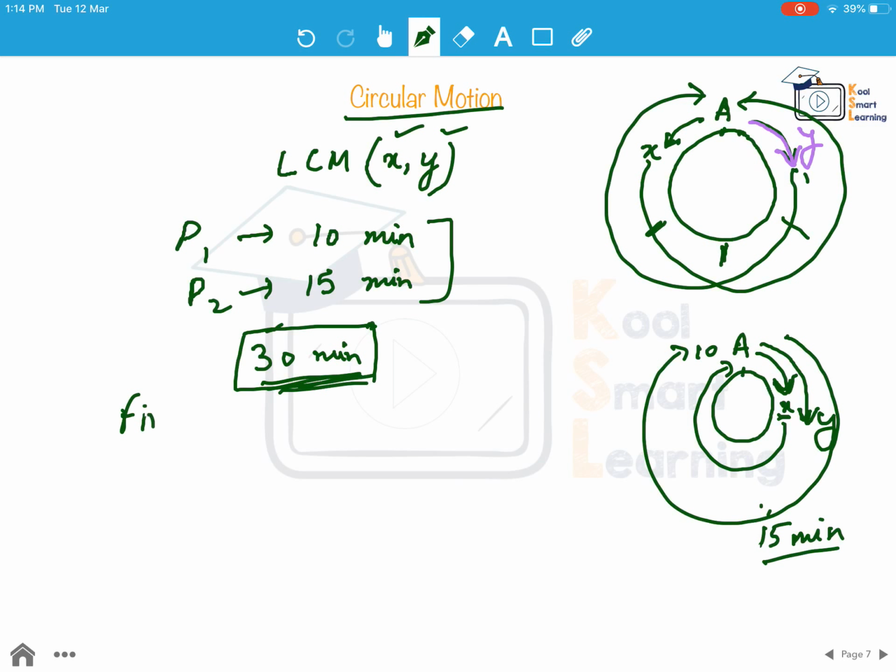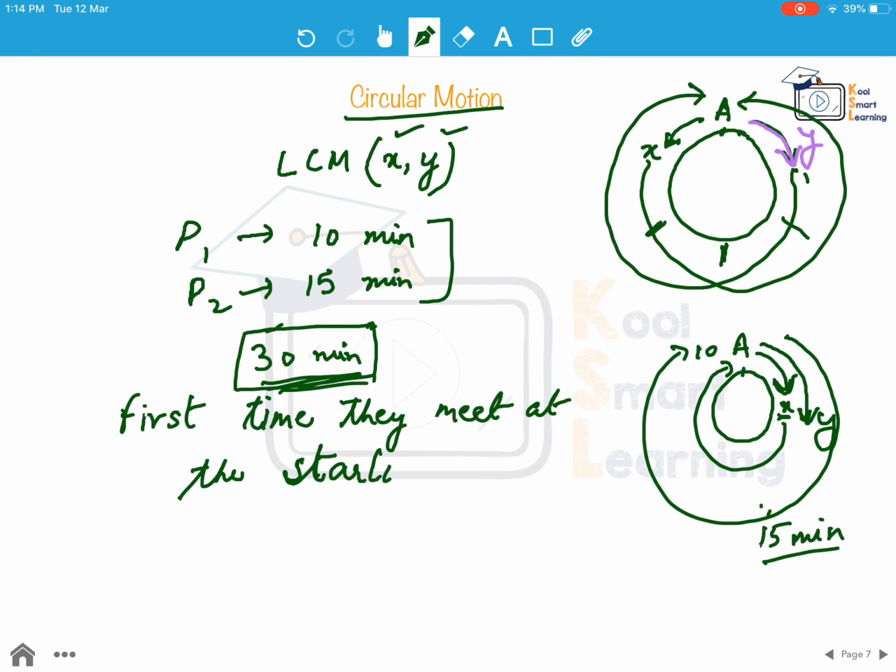The first time they meet at the starting point. Right? So supposing now they are moving in the opposite directions. Now in 10 minutes the first person completes, and in 15 minutes the other person completes.